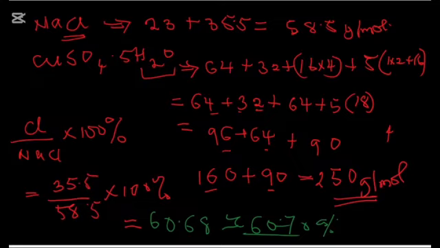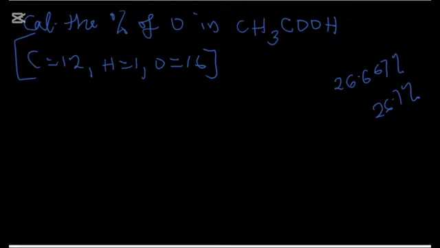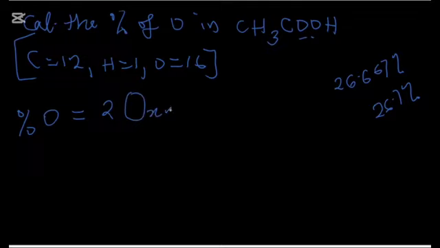Okay, good. So let's calculate the molar mass first. So percentage of oxygen is, how many oxygen do you have? Two oxygen. Are you following? Over CH3COOH times 100%, right?